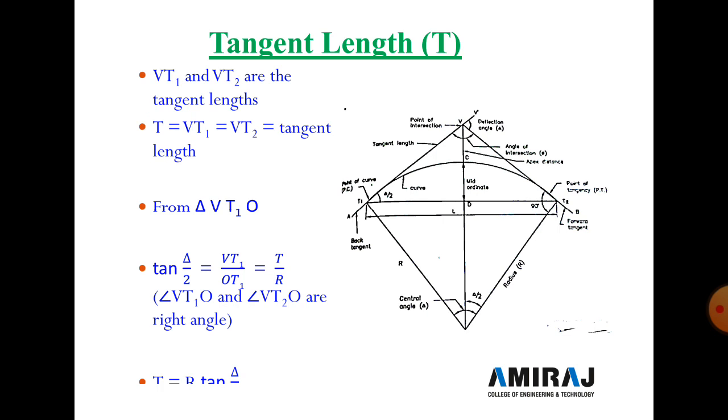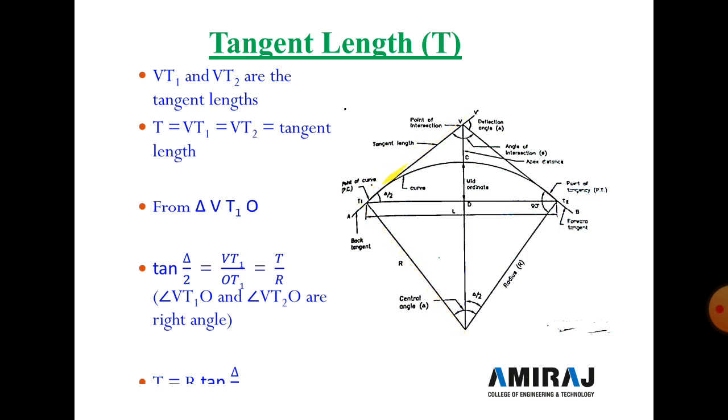From the triangle VT1O, we take this triangle VT1O. So tan delta by 2. Here the central angle, this total angle, is delta, so the half angle is delta by 2. So tan delta by 2 is equal to VT1 divided by OT1.